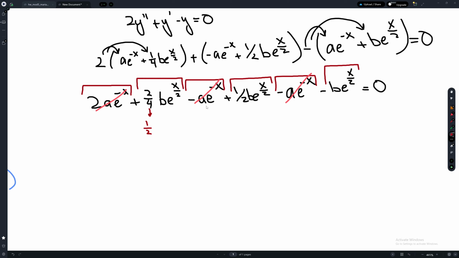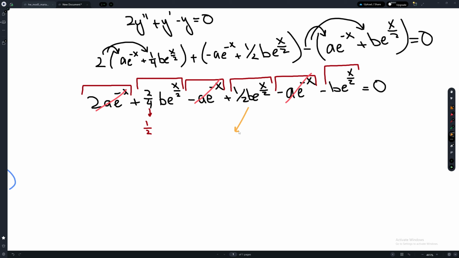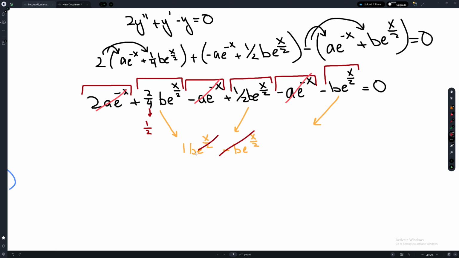So when you add these two together, this one and this one will give you 1 b e^(x/2), and this one will give you minus b e^(x/2). And you see these ones also cancel out, right?